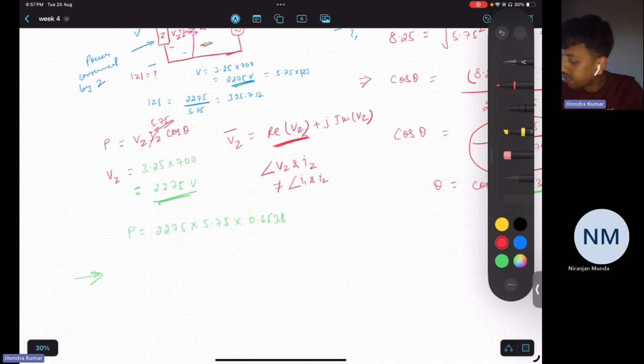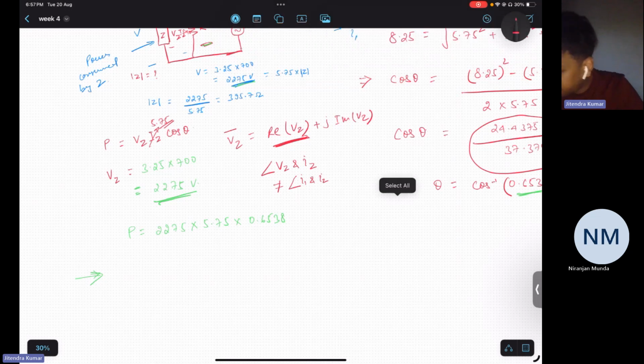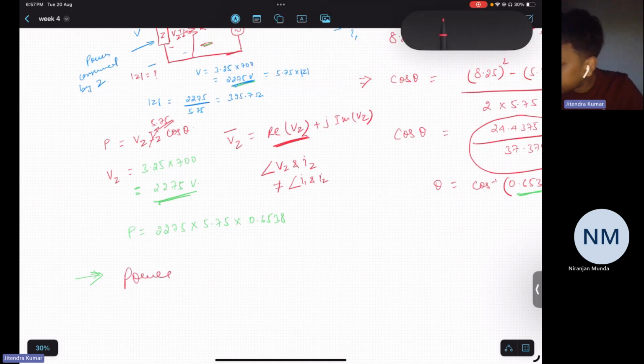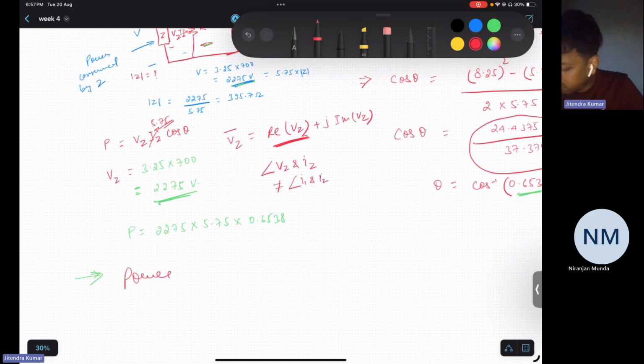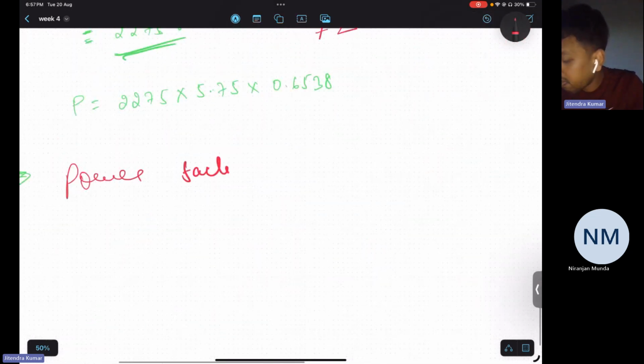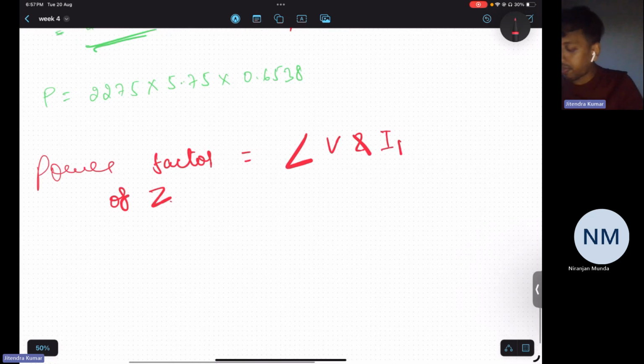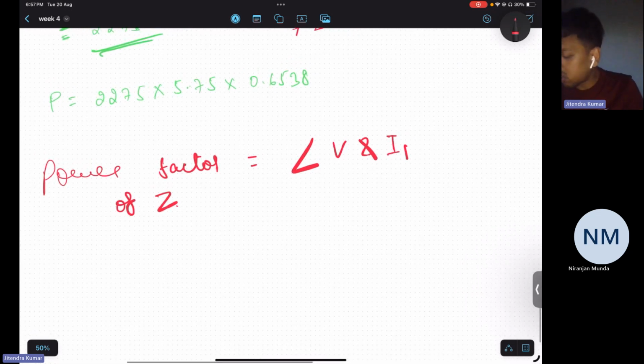It is nothing but V into I1, power factor of Z. Power factor is nothing but cos theta, right?